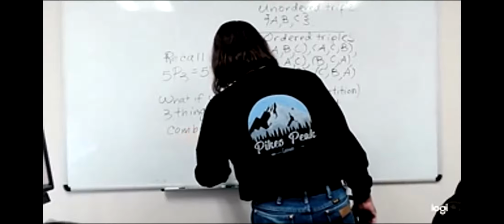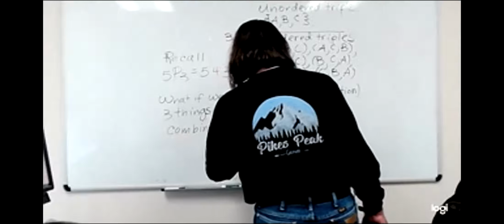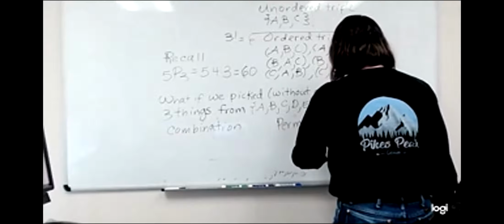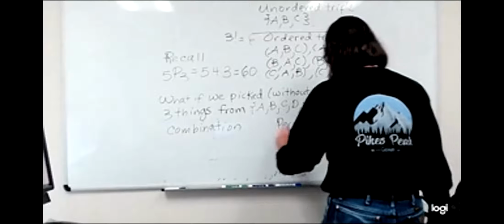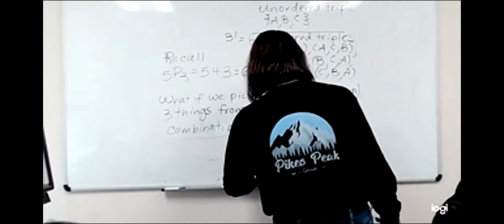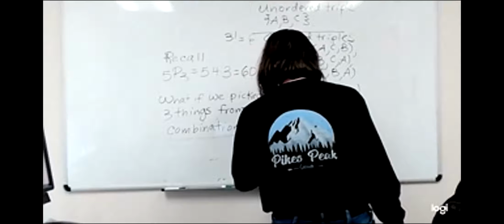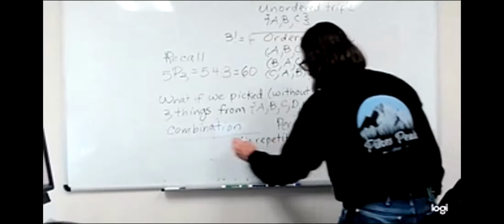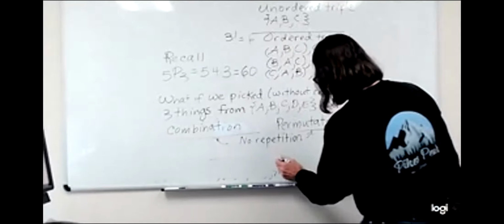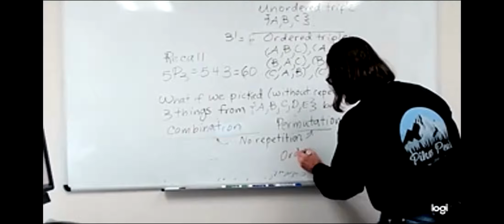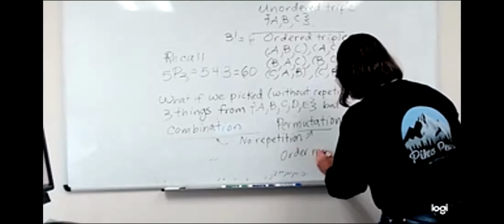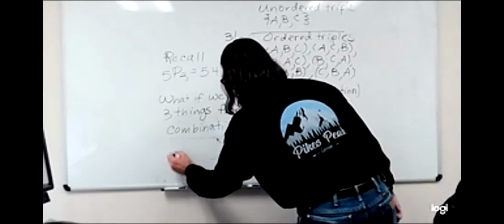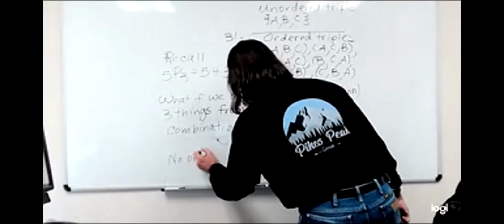With a permutation, there was no repetition. So that applies to both. But with a permutation, order mattered. With a combination, there's no order.